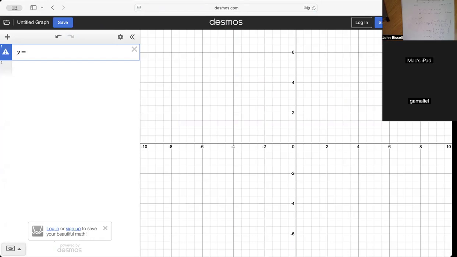So we're going to use the function that we just had, which was 10 log to base 10. How do I put in log to base 10?